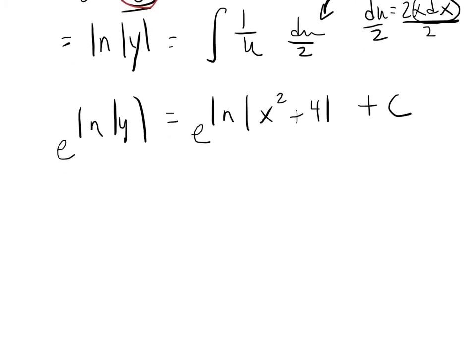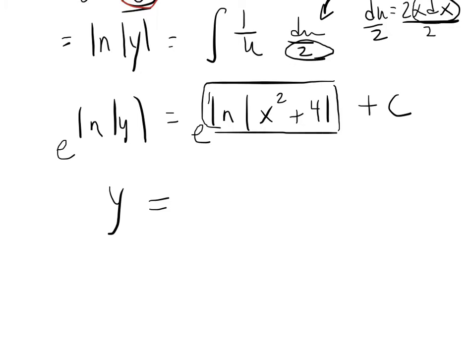So y equals, and on this side, I'm sorry, I forgot my 1/2. There it is. That 1/2 can become an exponent on what's inside my ln. So that becomes x squared plus 4 to the 1/2.